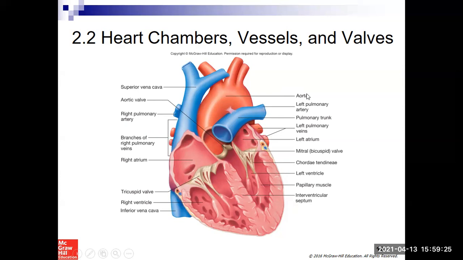So again, we know these terms: aorta, the left pulmonary artery, pulmonary trunk. That is a trunk because it goes toward both right and left lungs. We have the left pulmonary veins, the left atrium, the mitral valve, the chordae tendineae, left ventricle, papillary muscle, and then your interventricular septum.